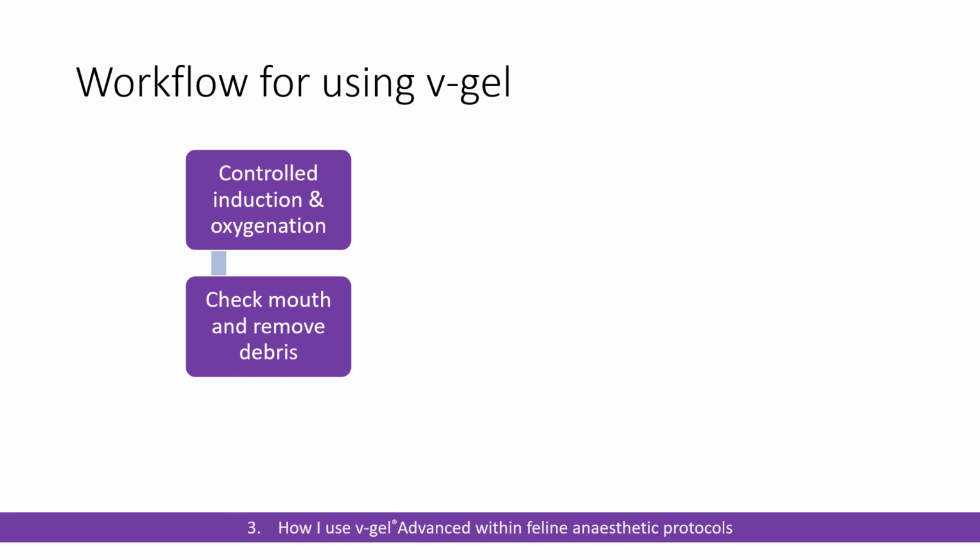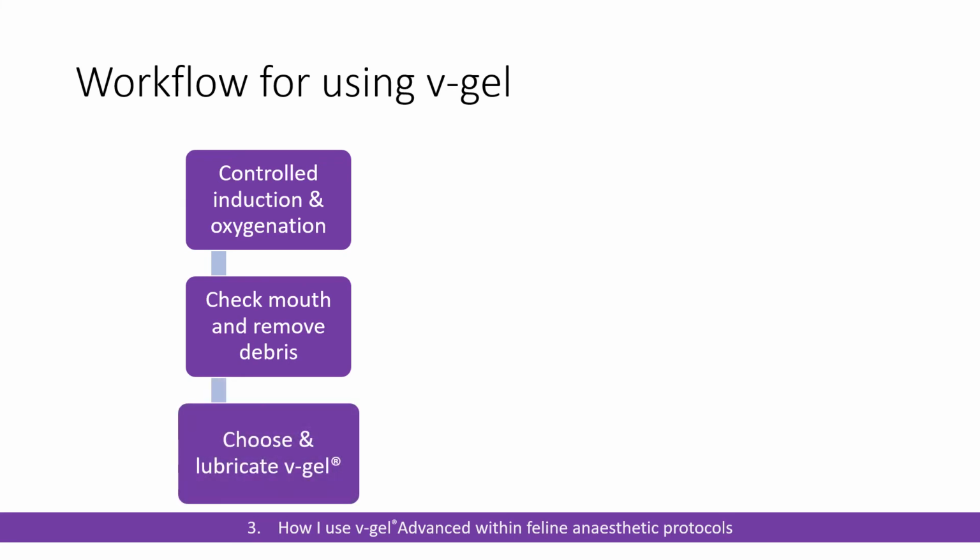It's not common to see debris in a cat's mouth if you starve them before the anaesthetic, but it does happen, and you don't want to be pushing food material down into the pharynx and potentially into the larynx and the upper airway. You want to choose the appropriate V-gel size, lubricate it just before you insert it. Apply lidocaine, an appropriate dose of spray lidocaine, to the upper airway, precisely as you would do if you were doing an endotracheal intubation procedure.